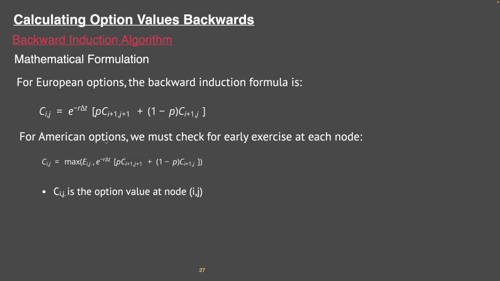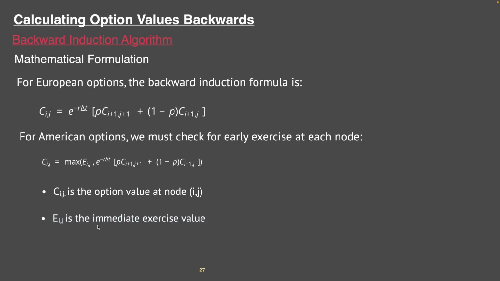So if we consider American options, then we have to check for the early exercise value at each node. So what will be the early exercise value? Early exercise value is nothing but your Eij. Okay. So now the option value at any node will be equal to the maximum of the early exercise value or the exercise value at the next node.